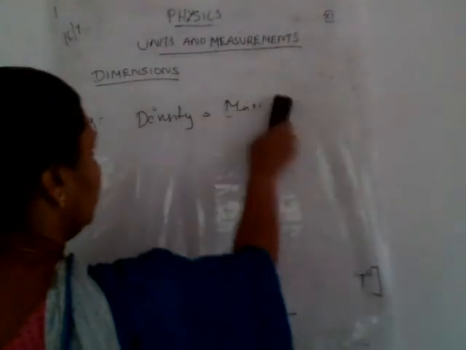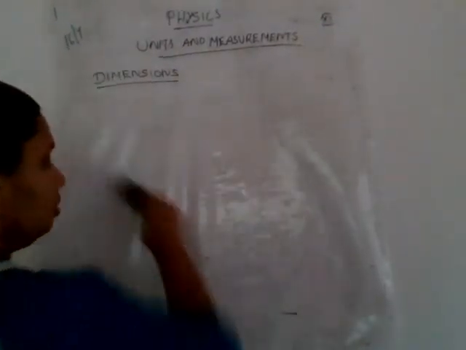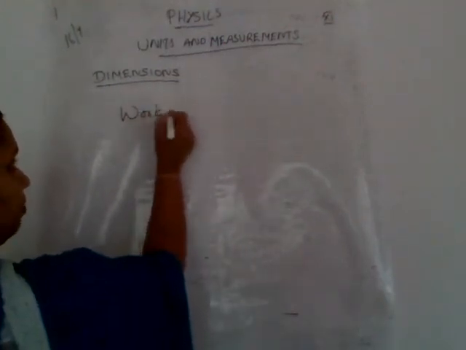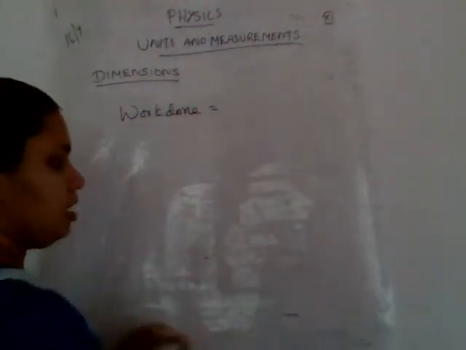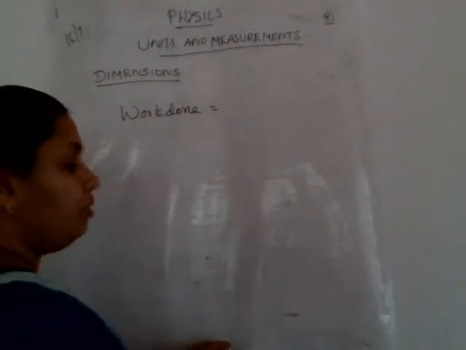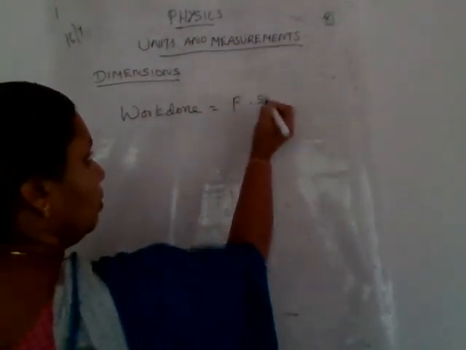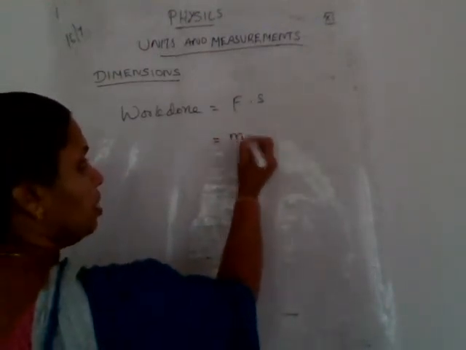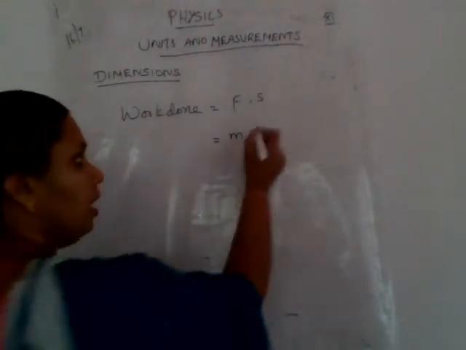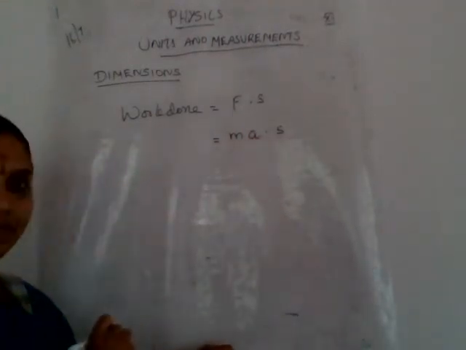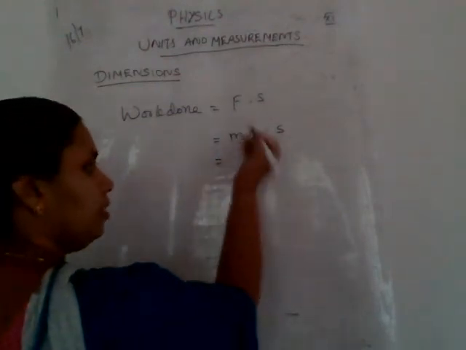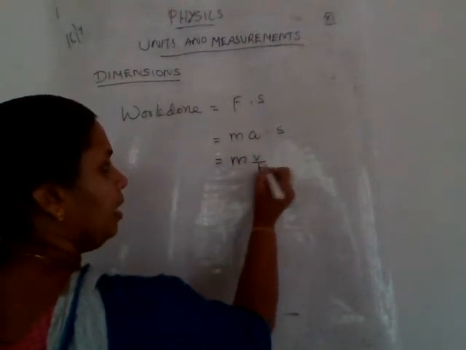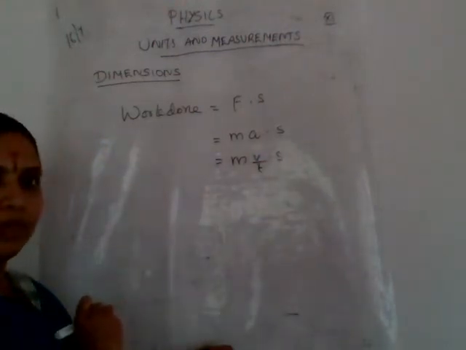So what is work done? That is what we told you to study, the equations. In 9th standard you studied work done. What is work done? Force into displacement. Force we know. What is force? Mass into acceleration, into displacement. Force we already derived. Again I am explaining. Acceleration is velocity by time, into displacement.